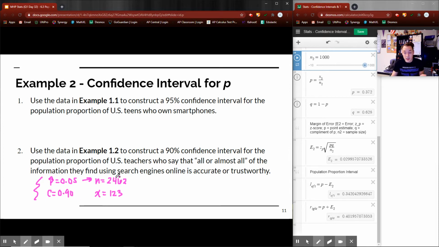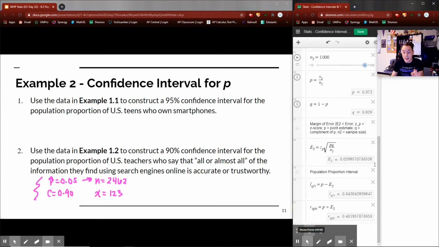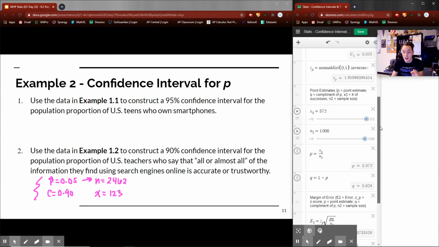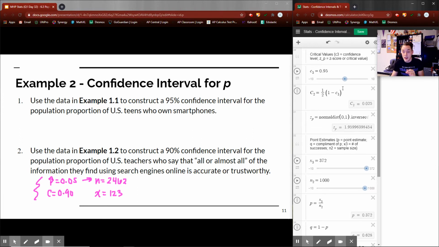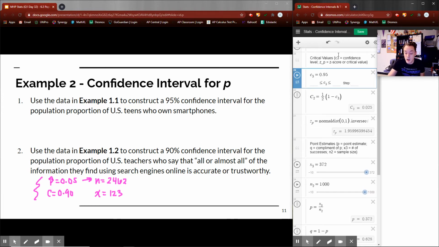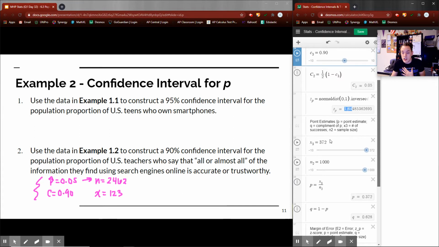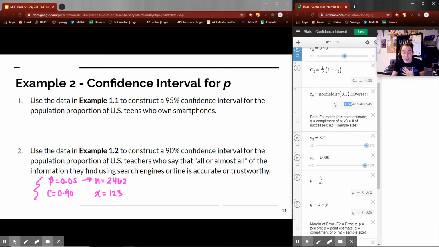This is all the information we need to know, guys, because we just start going to town. We literally just plug it all in. That's all I need to know, and then everything else will take care of itself. That's amazing, right? So I go down, and that's my critical value. If it asks for that, I change my X and my N here.